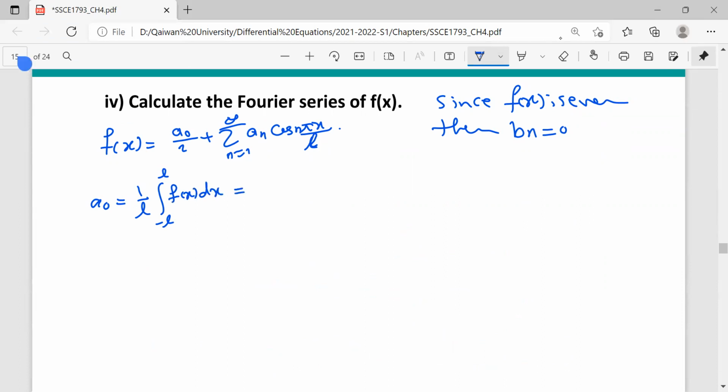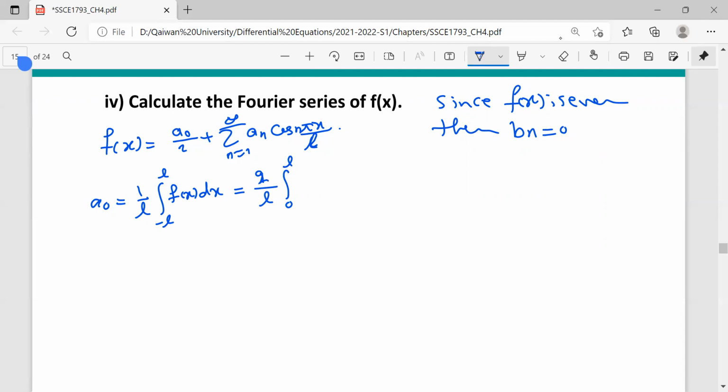And since the function is even, we can take only the upper half of the interval. We take from 0 to L and we multiply it by 2, and we get 2 over L, the integration from 0 to L. We multiply it by 2 and we take half of the range.